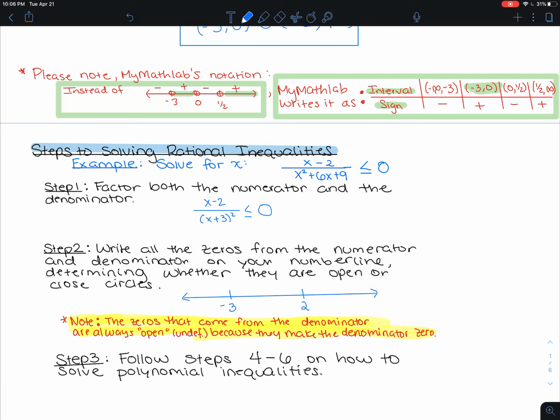The other thing we need to determine is whether we have open or closed circles. Something you have to be very careful about. Now notice that we have less than or equal to 0. That means that we do want to include our zeros, right? So what does that mean?